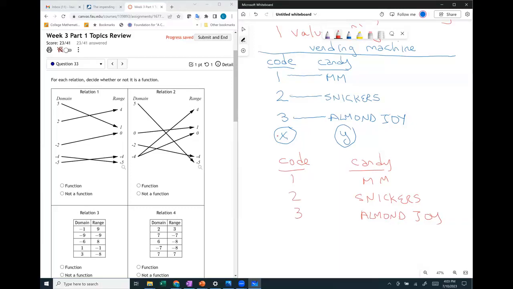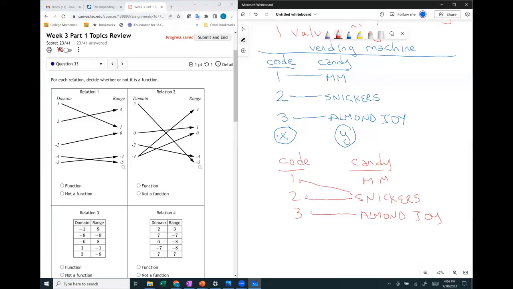Well, if I press 1 and I get a Snickers, and I press 2 and it gives me a Snickers, and even if I press 3 and it gives me an Almond Joy, well, that's not so bad, because maybe in this vending machine, 1 also has a Snickers instead of an M&M.